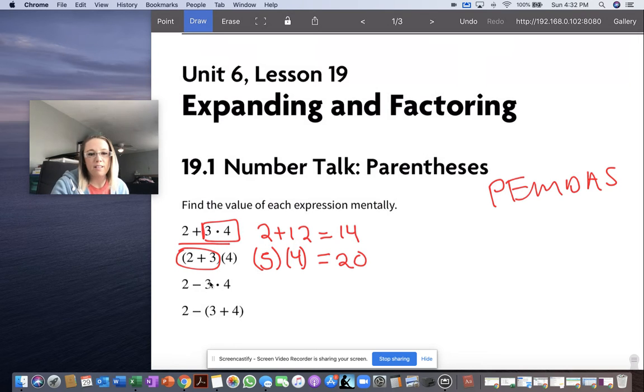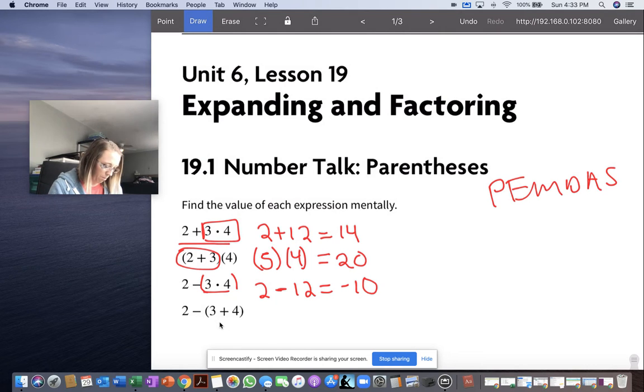Okay, so our third one, 2 minus 3 times 4. You could even think about this in parentheses because you have to do the multiplication first. 3 times 4 is 12, so 2 minus 12 equals negative 10. Our last one looks very similar to the second one.